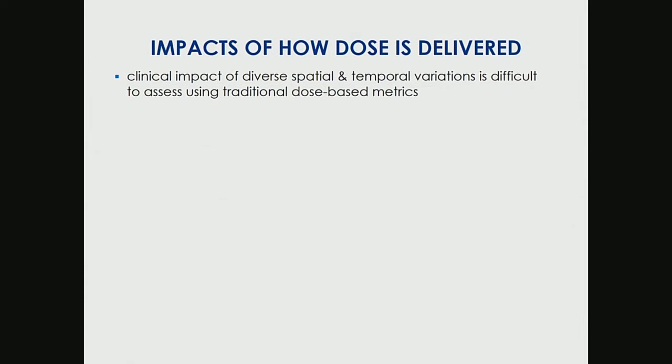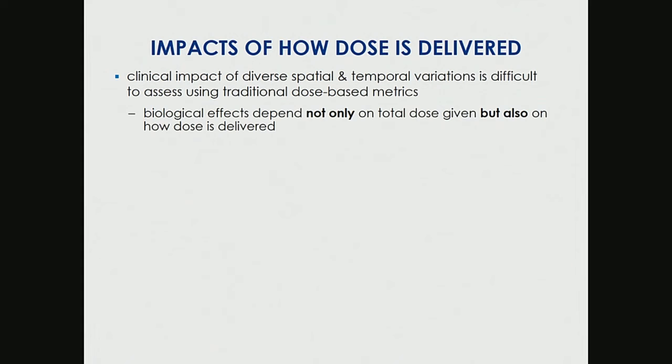The clinical impact of this diverse spatial and temporal variation is very difficult to assess using the traditional dose-based metrics. As we discussed a little bit yesterday, biological effects depend not only on the total dose, but also on how the dose is delivered, such as the dose rate or dose fractionation schemes used.